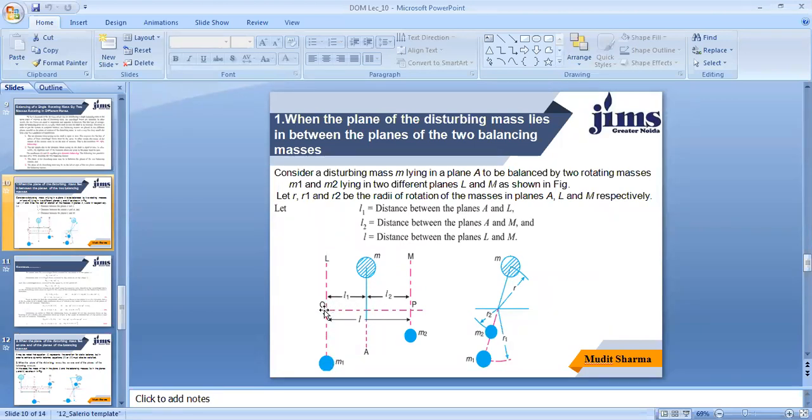Fc multiplied by L1 is equal to Fc2 multiplied by L. Is any issue? Any problem in this regard?